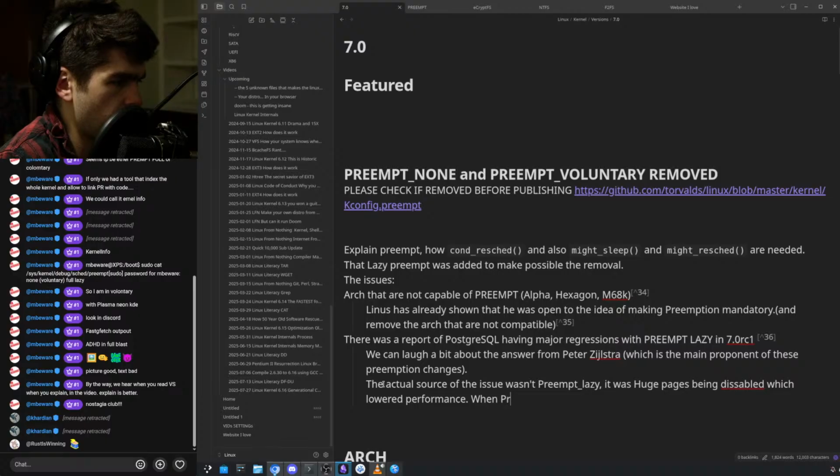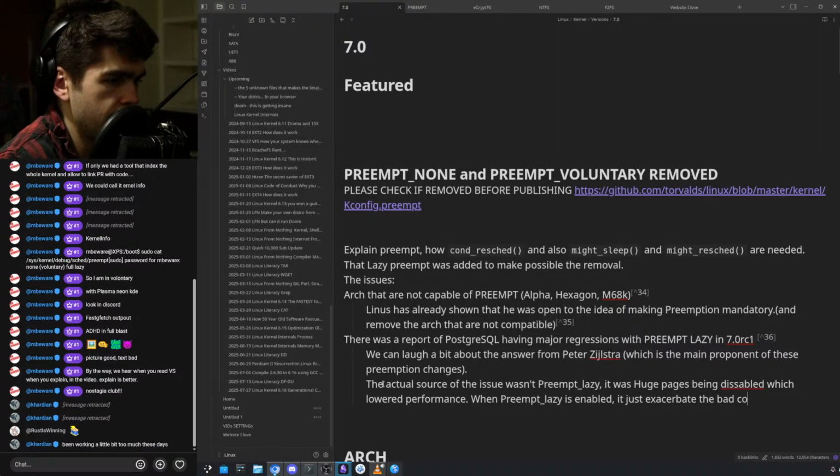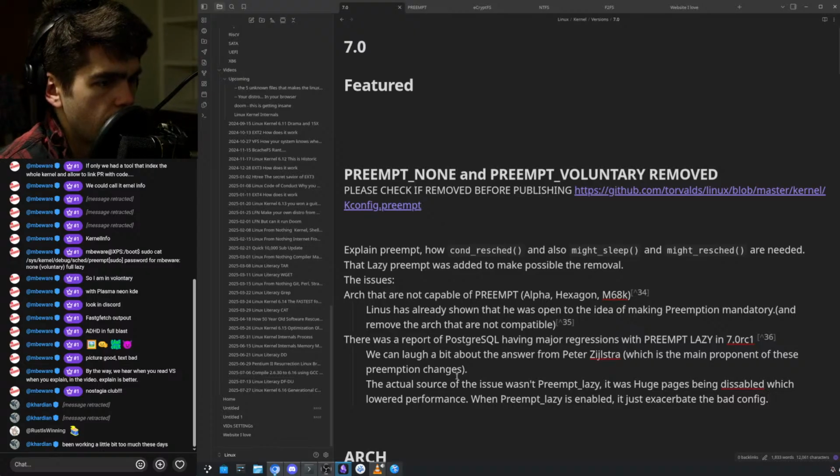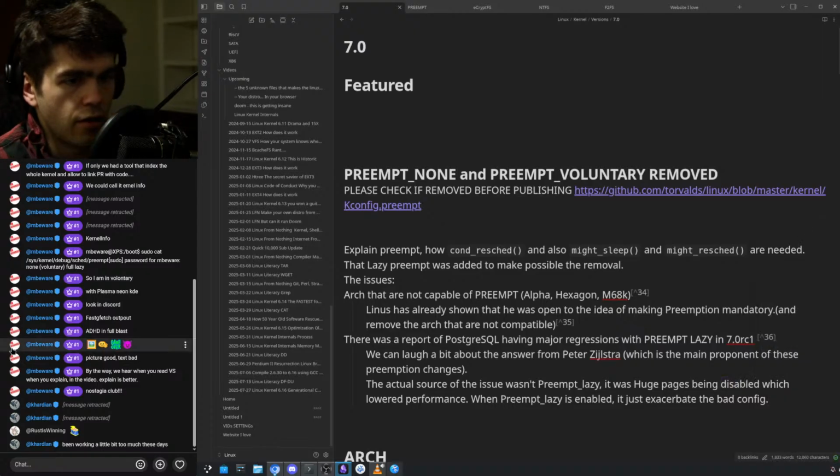When preempt lazy is enabled, it just exacerbates the bad config. Okay.